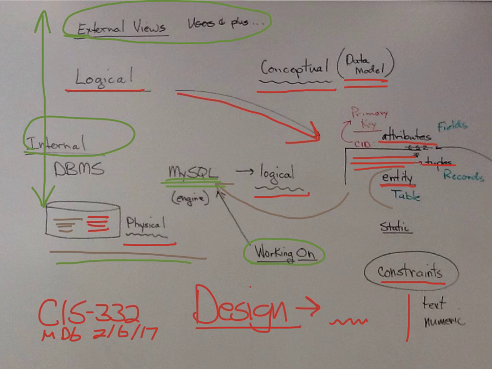Entity, or often called a table. Tuples, probably more often called records. Attributes, often called fields. An entity sometimes is referred to as a file also. Now our entities can be static or they can be dynamic. And every entity must have somehow a way to uniquely identify it, and that'd be a primary key.